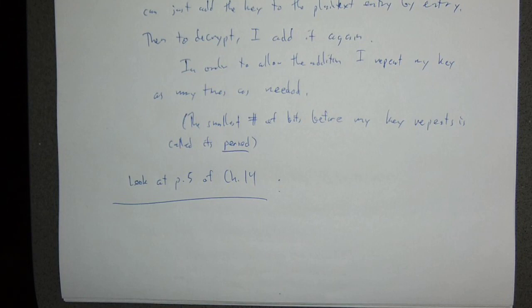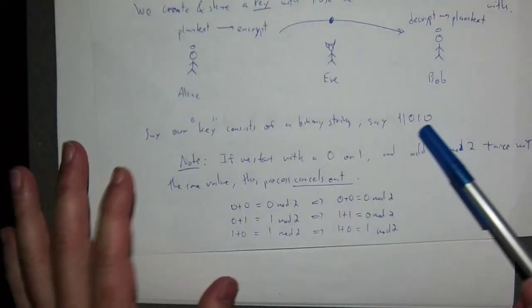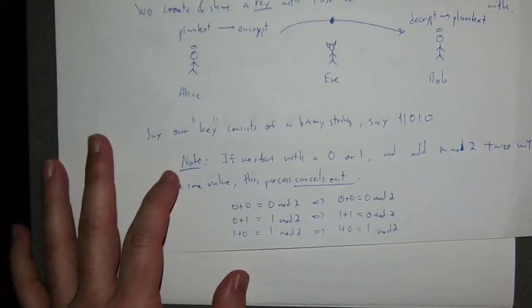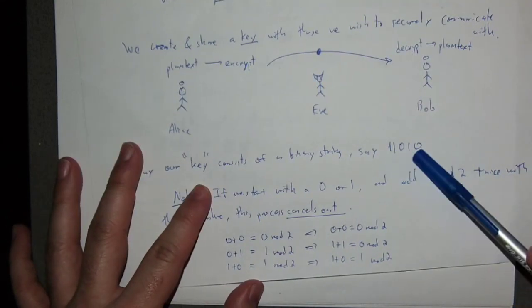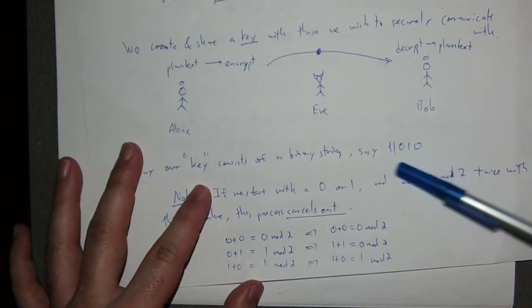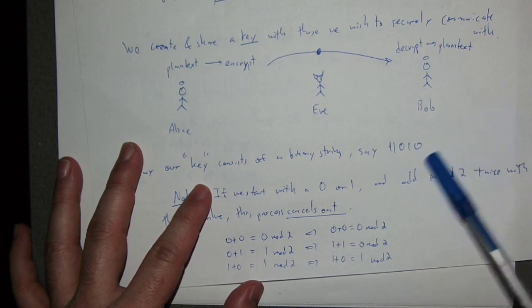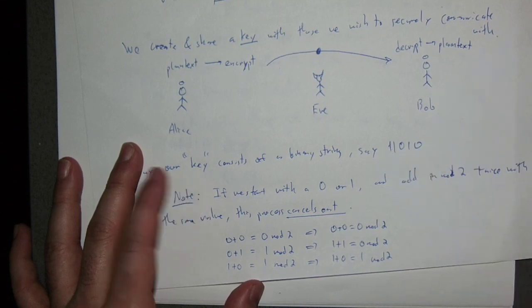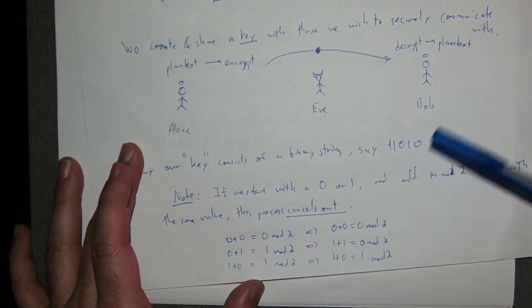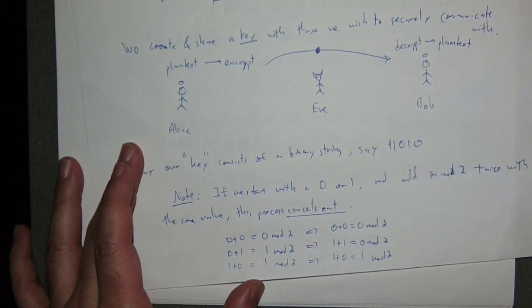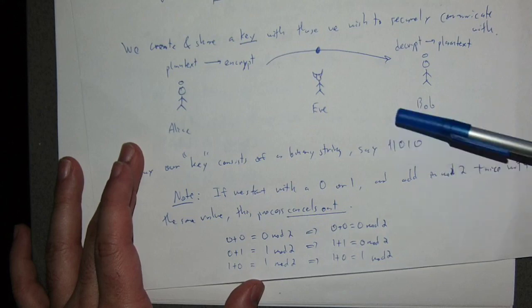Something I didn't mention, going back here for a second: if my key is length 5, because we're using mod 2 and the only choices for our digits here are zeros or ones, I could ask what's the total number of keys of length 5. Since I have 5 slots, they're independent, I can have repetitions all I want, and my only choices are 0 and 1.